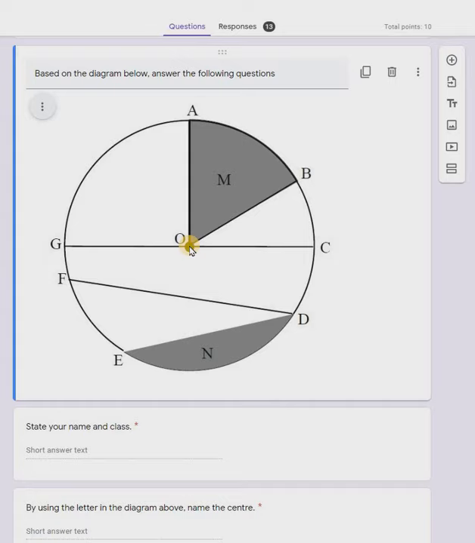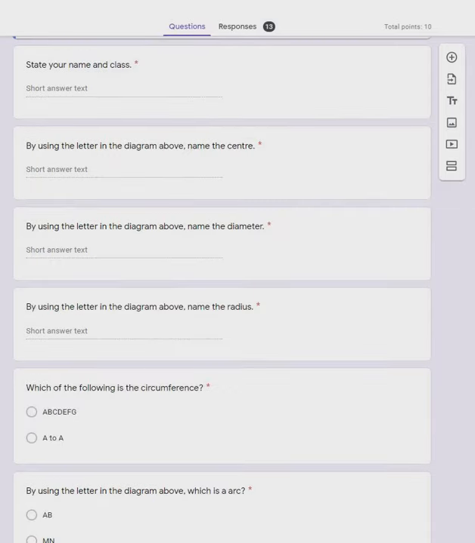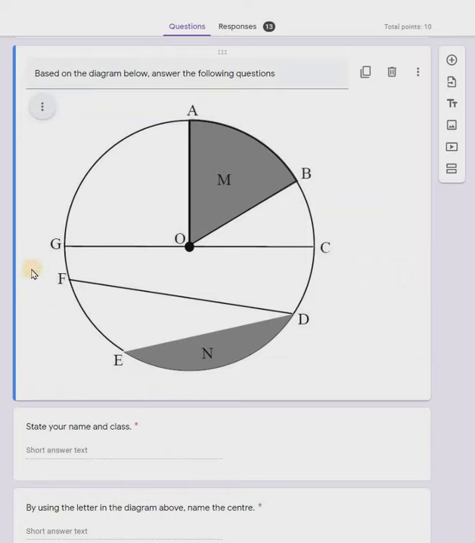Then the question asks you to determine the diameter and the radius. Diameter is a straight line you draw across the whole circle and touching your center.